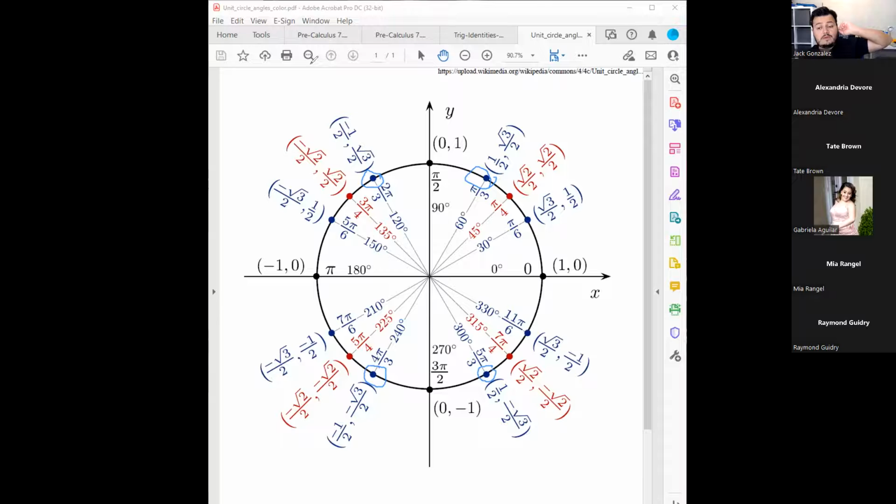So instead of doing 4 answers, 60 plus 360, 120 plus 360, 300 plus 360, 240 plus 360, instead of having 4 sets of solutions, you can just merge them into 1 or 2, because you can just keep hitting the same spots. Does that make sense?